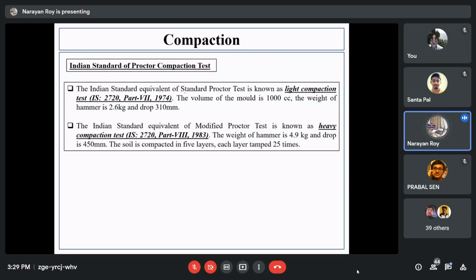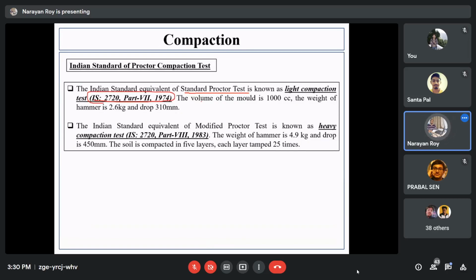So the standard Proctor test that we have just understood, the main concept of that, how to get the compaction curve using the standard Proctor test, is known as the light compaction test as per IS specification, IS 2720 Part 7, 1974.